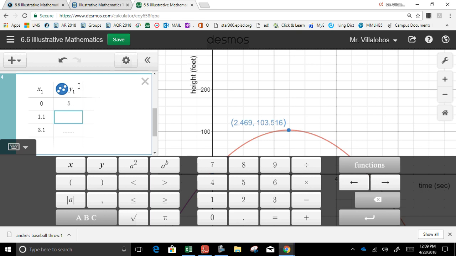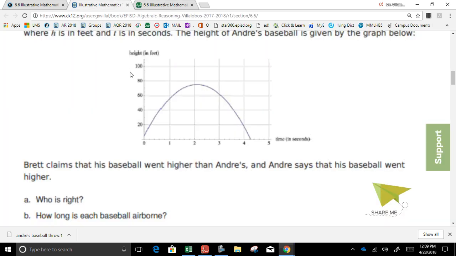Looking at the graph, 5, 10, 15, 20, maybe 5 or 6, 1.1 seconds, 1.2 seconds, 1, 2, 3, 4, 5, so 60 each time.